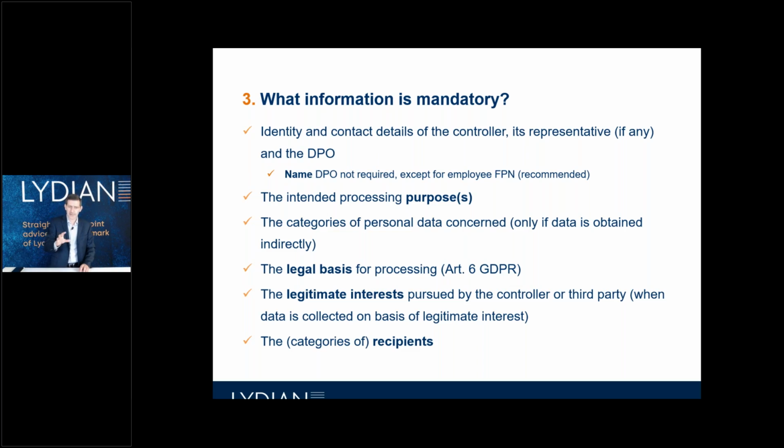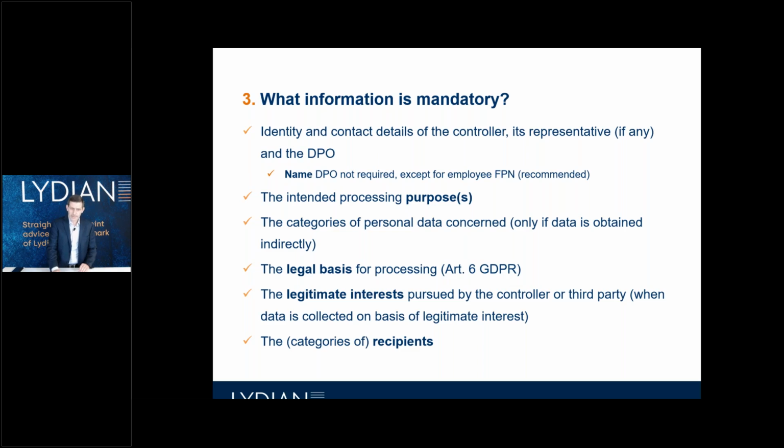You need to specify the legal basis for the processing, and we'll come to that in a minute. You will need to specify and provide some detail on the legitimate interest. So if you use legitimate interest as a legal basis, you cannot leave it at that. You need to specify what your legitimate interest exactly is. And I will explain this later in this presentation.